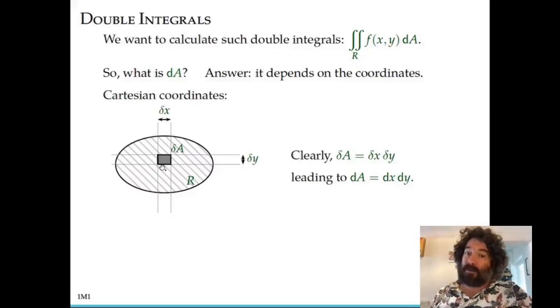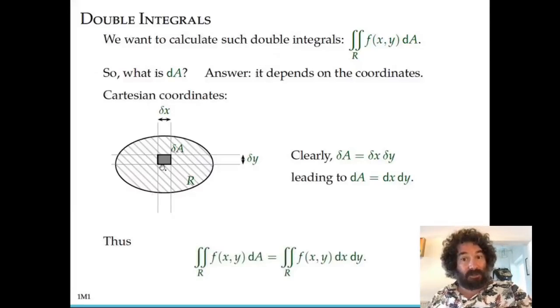And in the limit, as this area goes to 0, we think of this area element in the double integral, dA, as equal to dx times dy. And this tells us how we can evaluate the integral by using this particular Cartesian coordinate system.